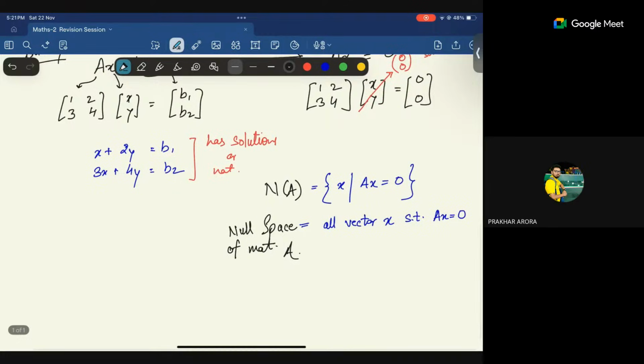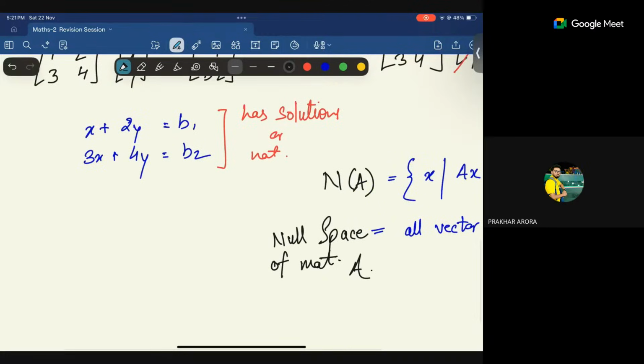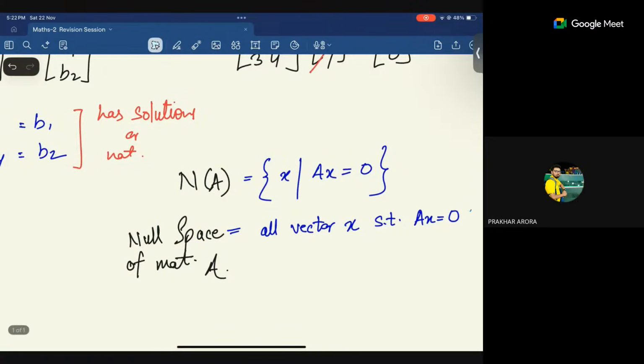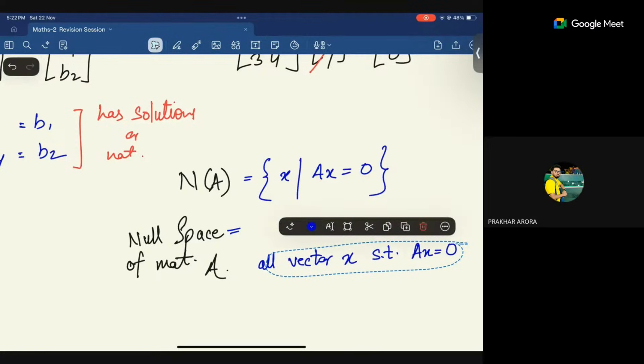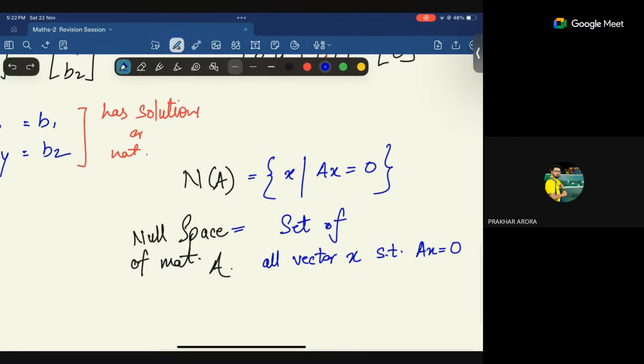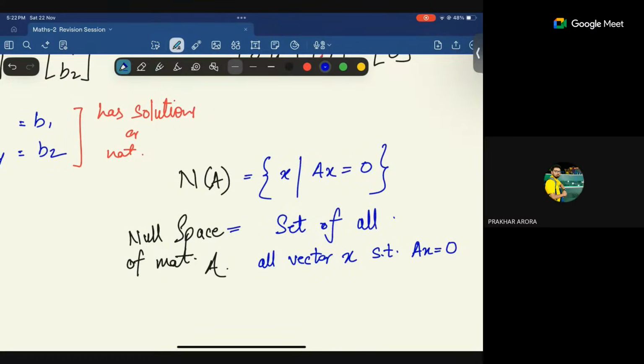By now we have established what the null space is. The null space is just the set of all vectors x such that Ax is equal to 0. Let's complete this definition here: the set of all vectors x such that Ax is equal to 0.